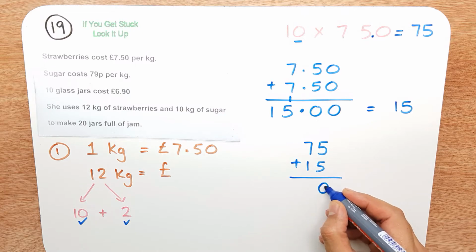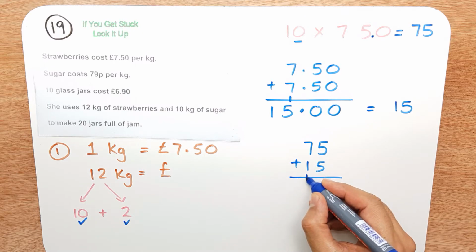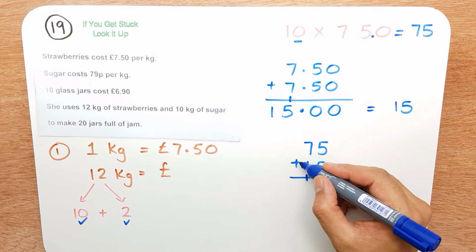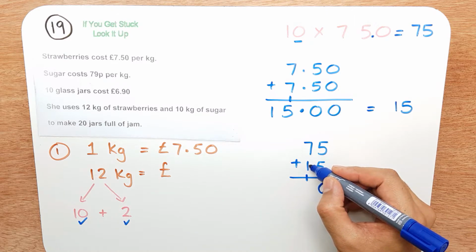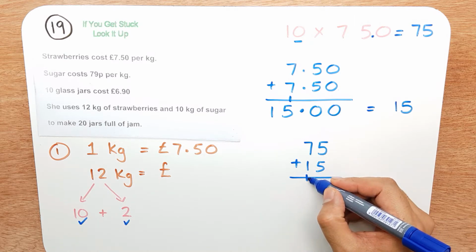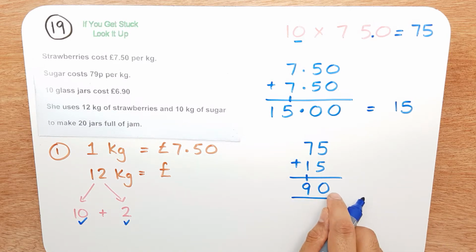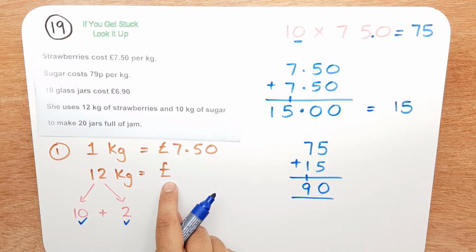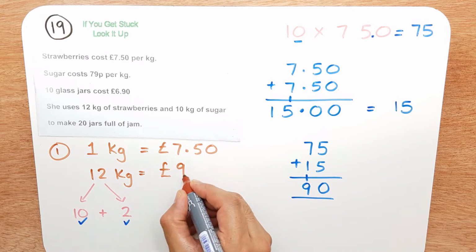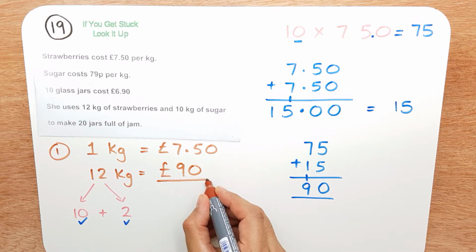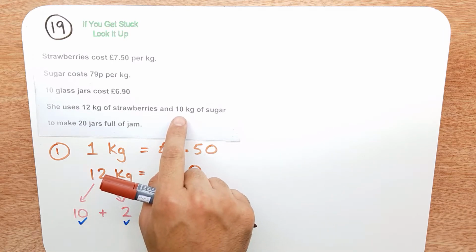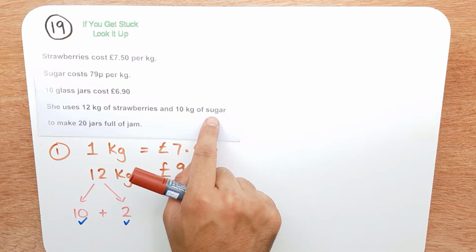Put the 0 down, carry the 1 over to the next column. 7 add 1 is 8. Add 1 that we've carried over is 9. So the answer is £90. So we can put that here. £90 for the strawberries.